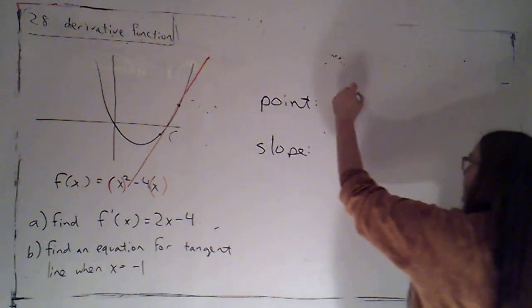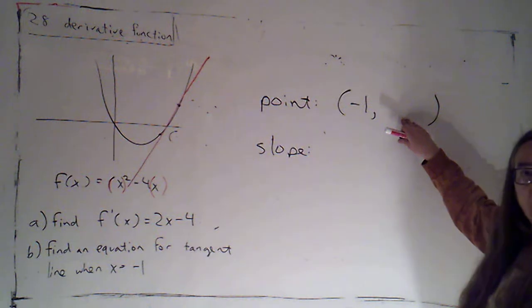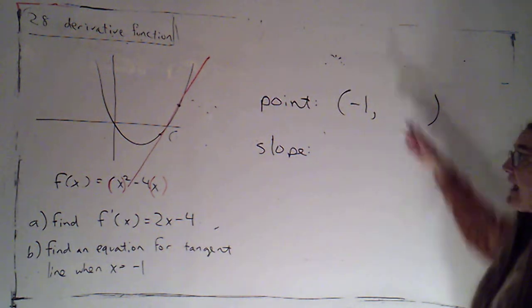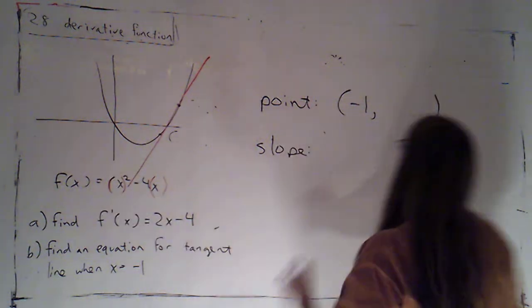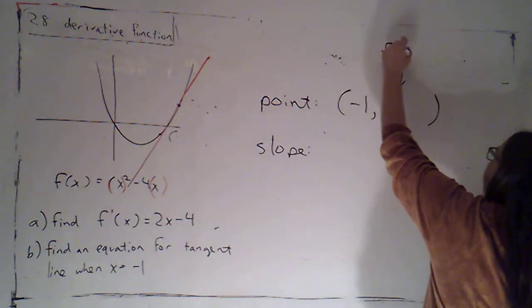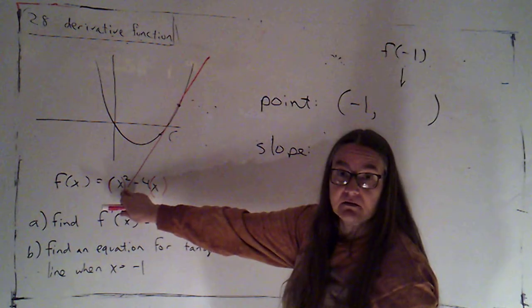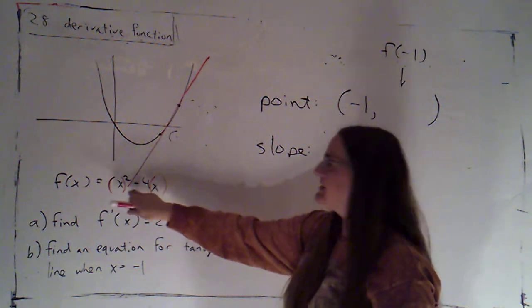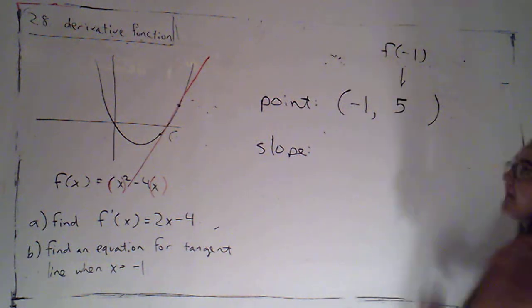Now the point, we were given the x value, but we weren't given the y value. So I'm going to need to plug in to find that, and I'm going to plug into f. So f of negative 1 would be negative 1 squared, which is 1, minus 4 times negative 1. So that's negative 1 plus 4, that's going to be 5.